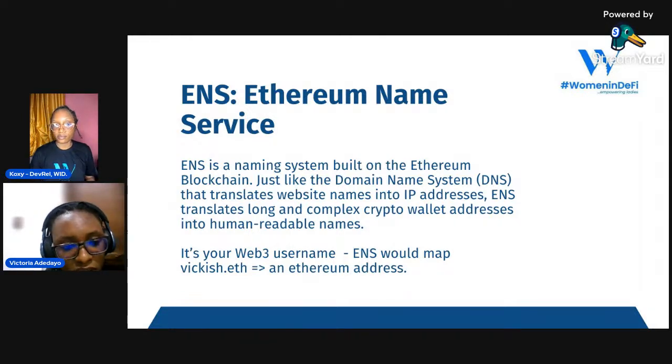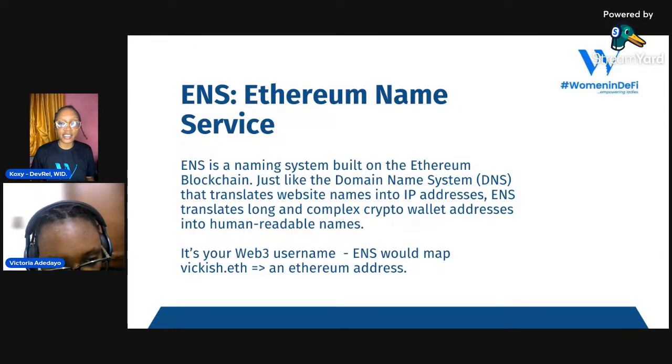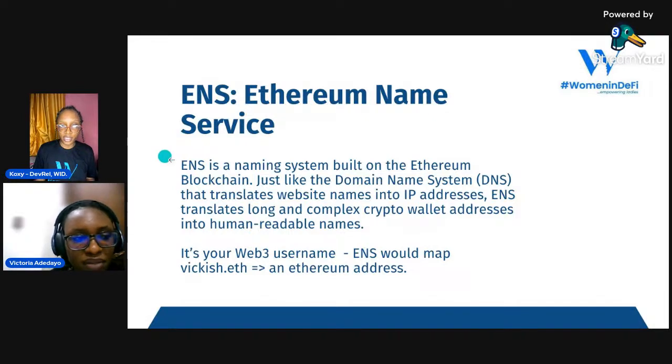These complex Ethereum addresses. Coxie, have you pasted an Ethereum address in the chat? Yes, I have. Have you seen it? No, I can't see it right now, but I'm sure they've seen it. Thank you. All right. So that's an example of an Ethereum address.